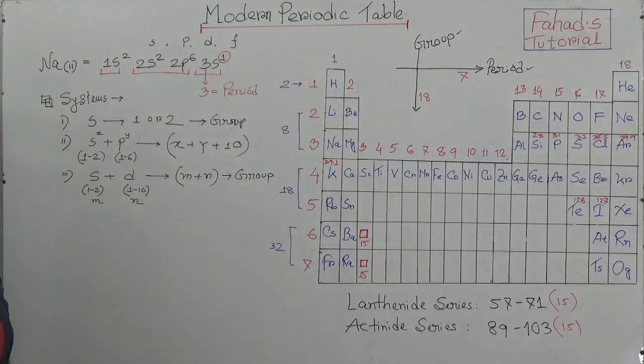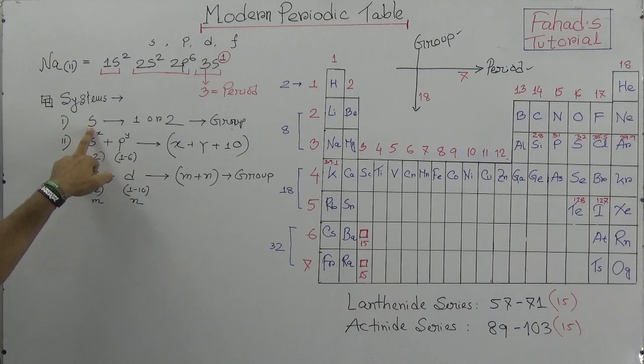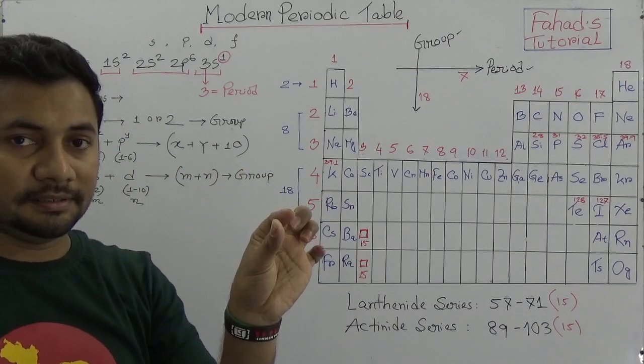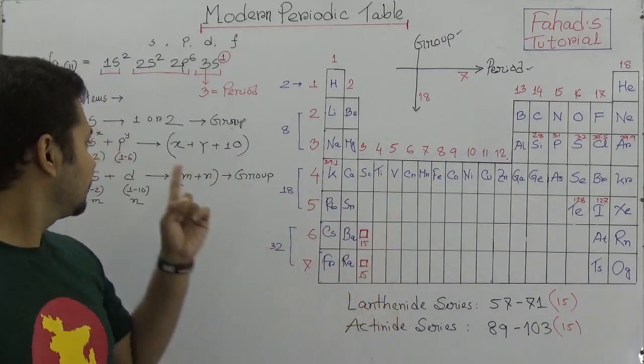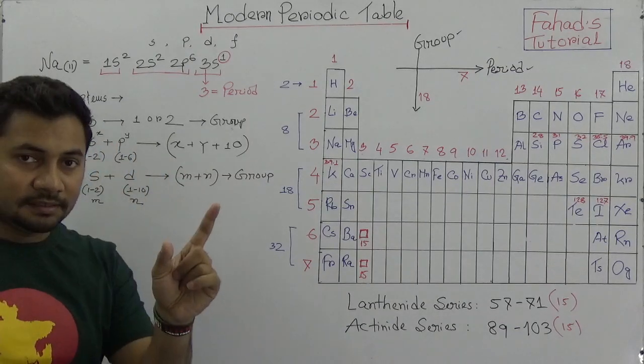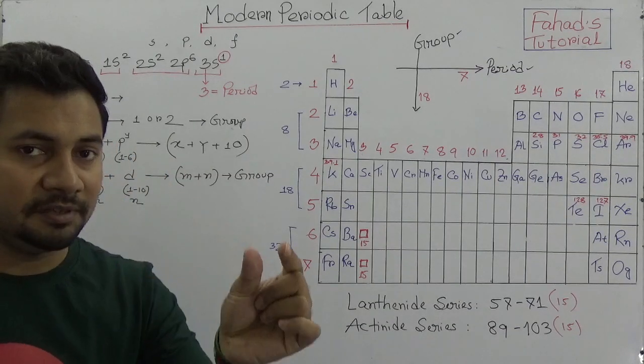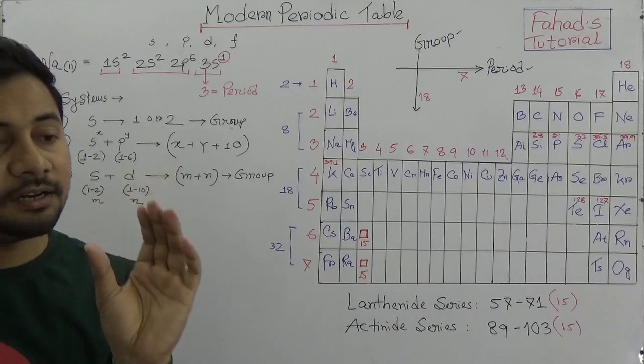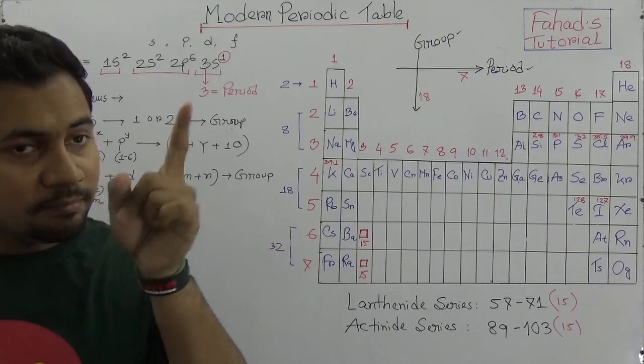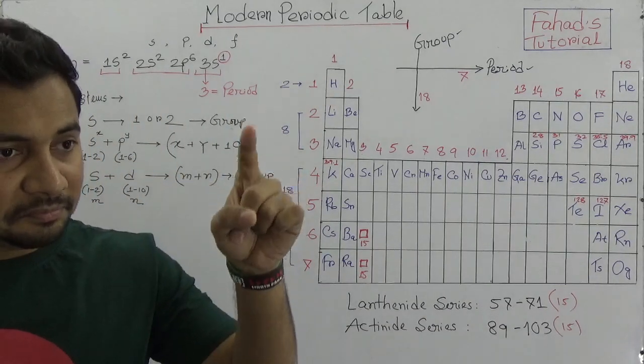So you have to remember these 3 systems. This is very, very important. If there is only s orbital, the number of electrons in the s orbital is the group number. If s and p orbitals stay together, then we add the number of electrons of s and p.